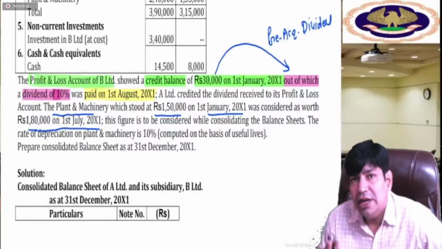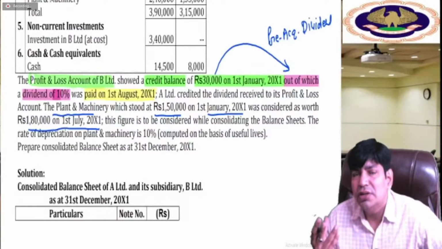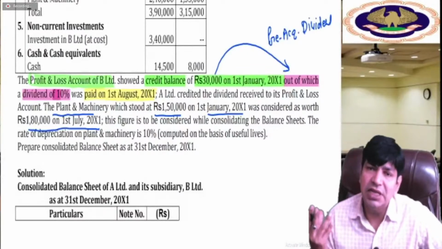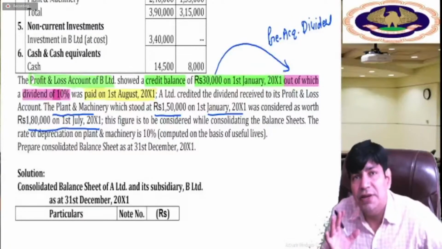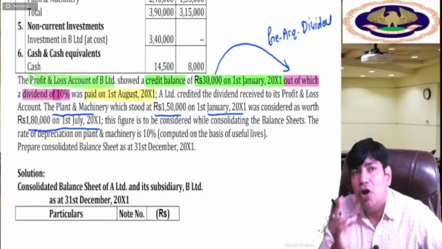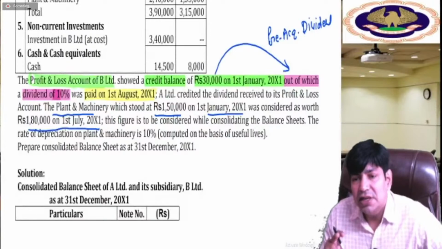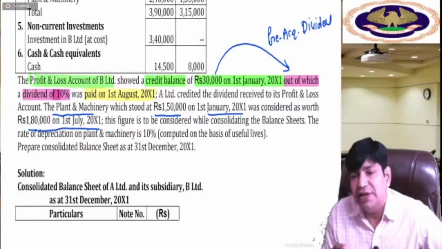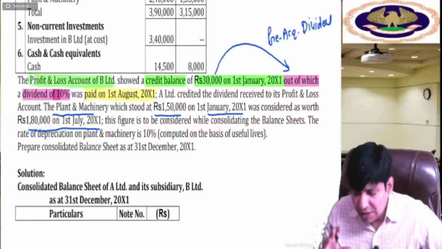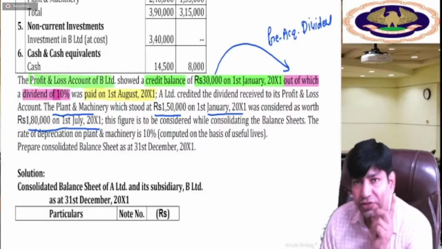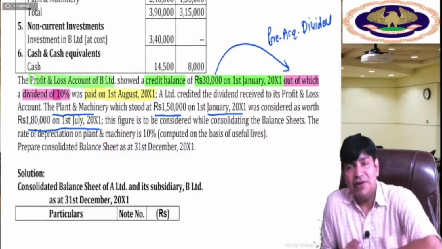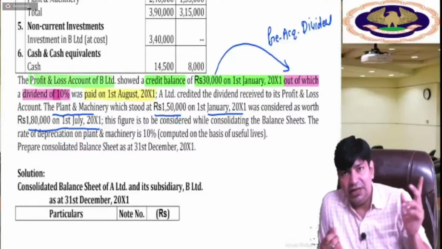So it means that it was not pre-decided on 1st January. The decision has been taken on 1st August. On 1st August, the final dividend was decided and paid. At the time, on January 1st, 2021, while we were seeing the balance of 30,000, the decision was not taken.